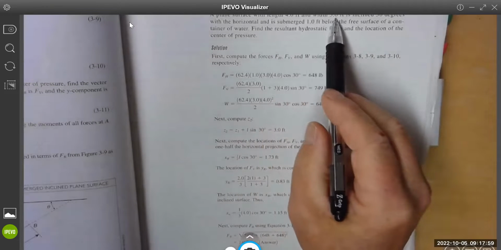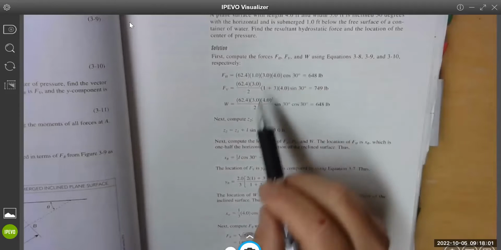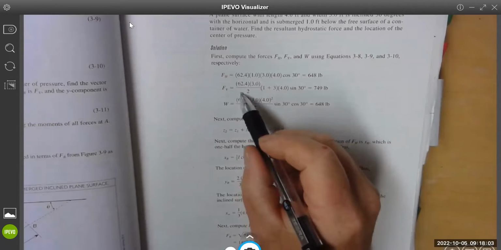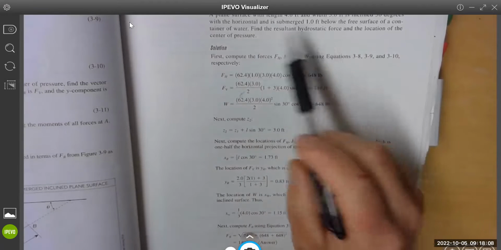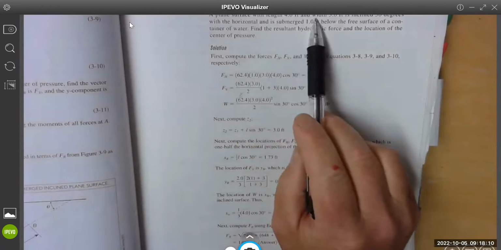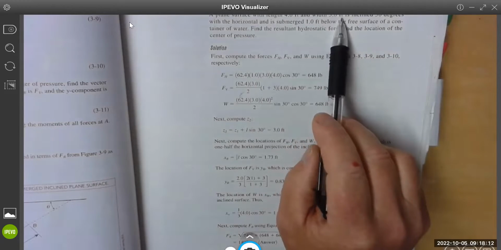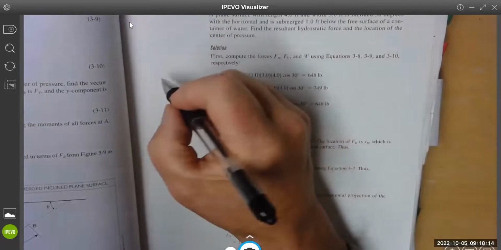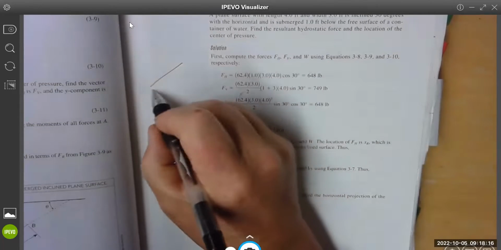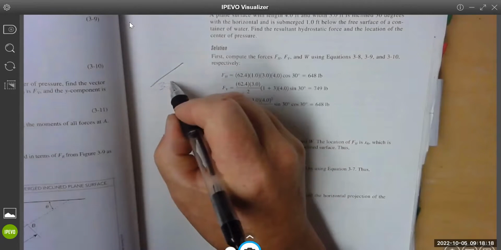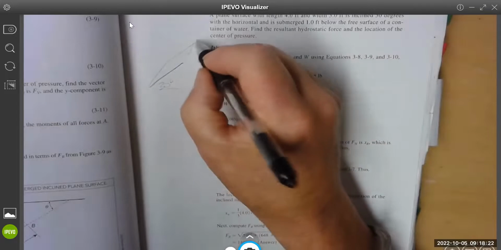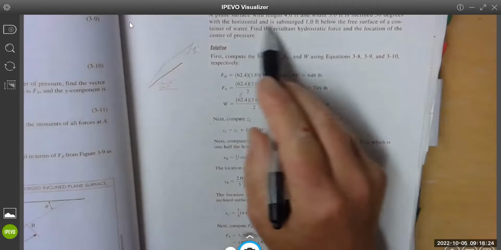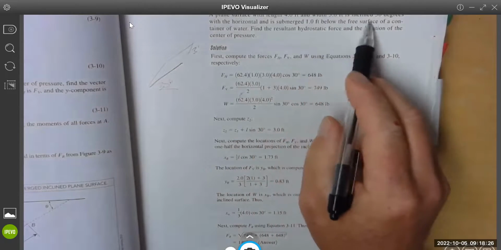The 62.4 is the specific weight, and then base times height. Exactly, that's what I want to know. A plane surface with length 4 feet and width 3 feet is inclined at 30 degrees. So they have 4 feet, 30 degrees, and 3 feet.